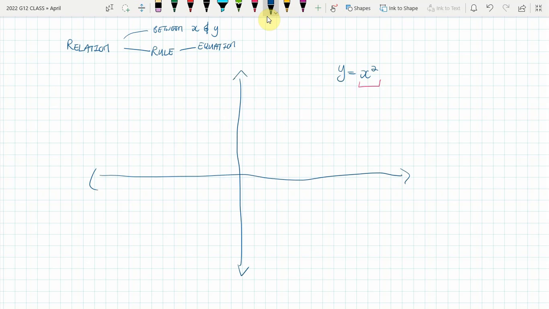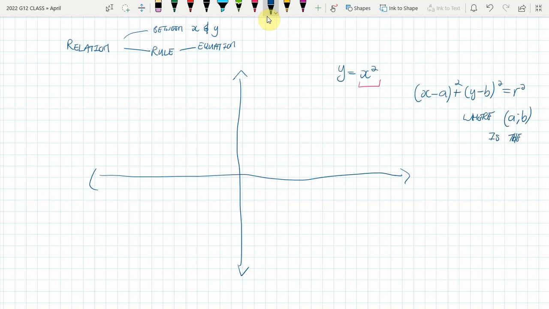The equation of a circle is given by (x minus a) squared plus (y minus b) squared equals r squared, where the point (a, b) is the center of the circle and r is the radius.